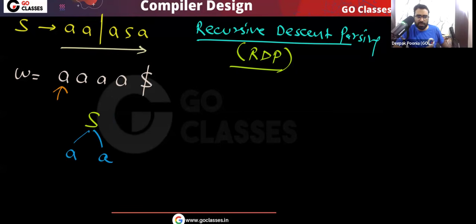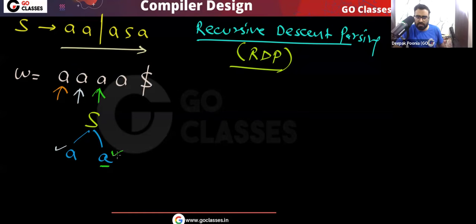This a is matching with this a, so I will put a small tick mark that I got a small local success. Because they are matching, on the input I will go to the next symbol. Now this a is also matching with this a, so I will put a small tick mark that I got another local success. Because they are matching, I will go to the next symbol on the input.